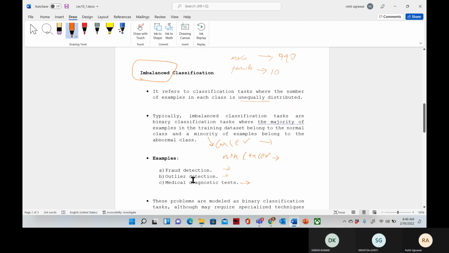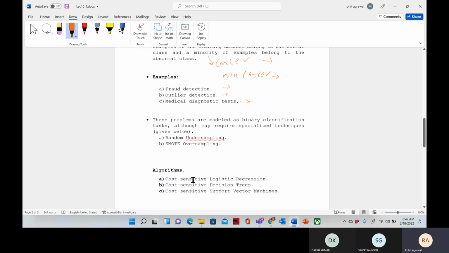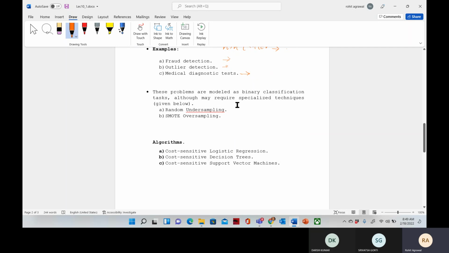Yes, sir. So these problems are modeled as binary classification, okay? But we require some specialized techniques, like random undersampling and SMOTE oversampling. See, there are a lot of things to learn, but we can't learn each and everything in detail because we have a semester of 4 months.